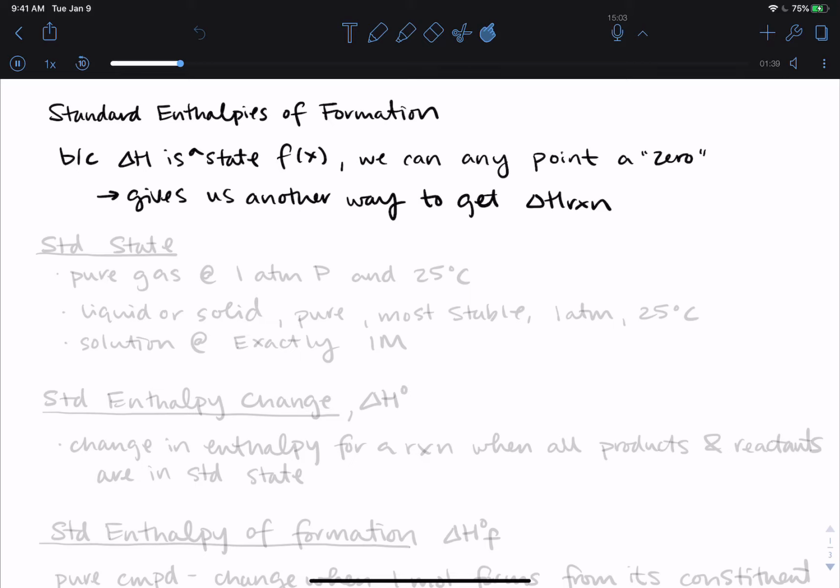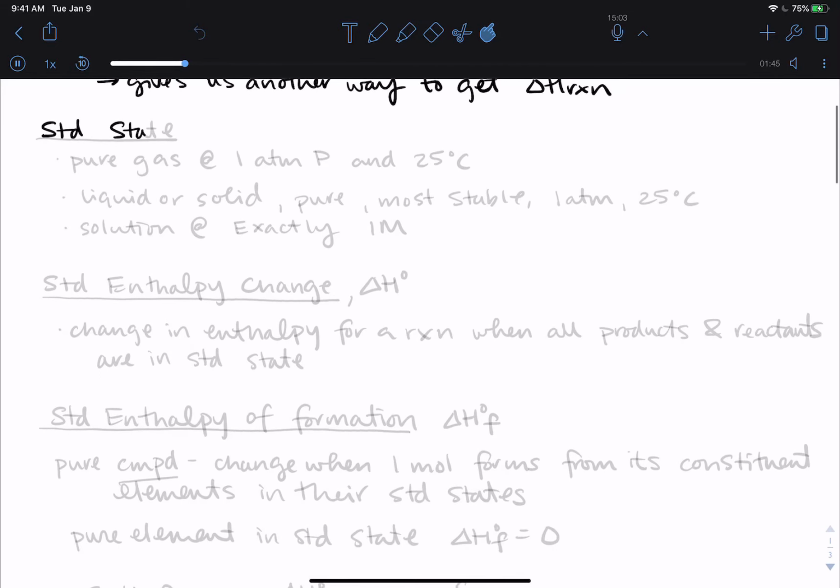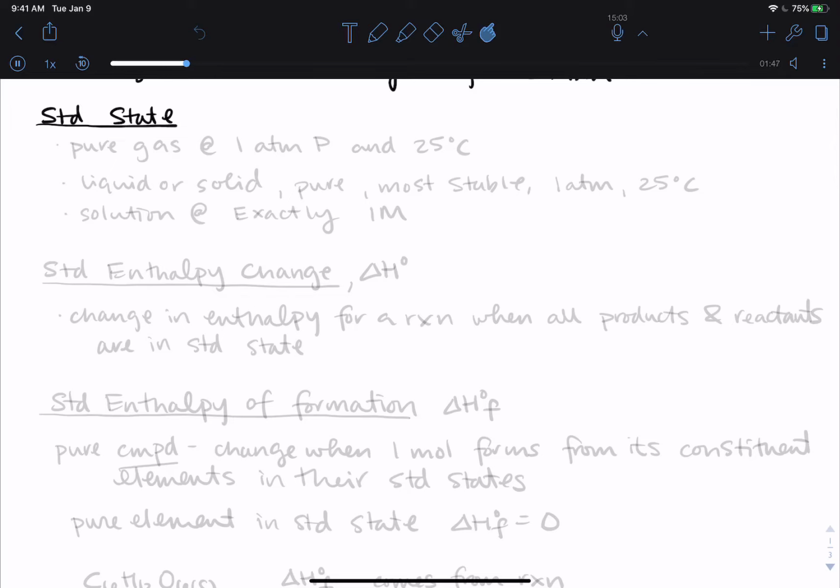So they're standard enthalpies of formation. So we need a definition for something called the standard state. And something is in its standard state when it is a pure gas at 1 atmosphere of pressure and 25 degrees Celsius.